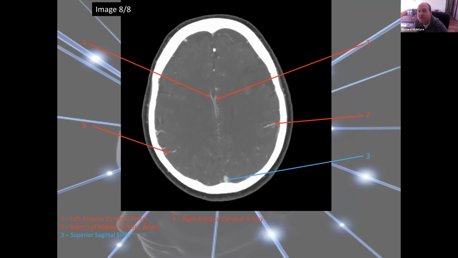Okay, so you'll see blood vessels really well on CT scan, and you can do your volume rendering. You get a lot more information from CT scan than you do from MRI. Okay, and that's why you'll often see that CT has a big part to play in demonstrating blood vessels.